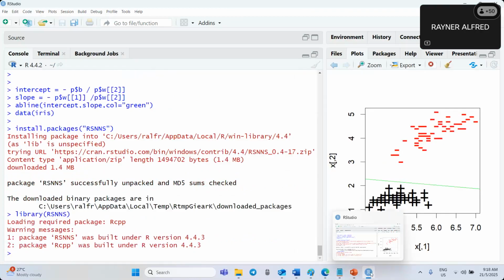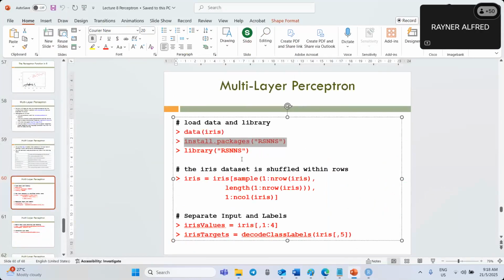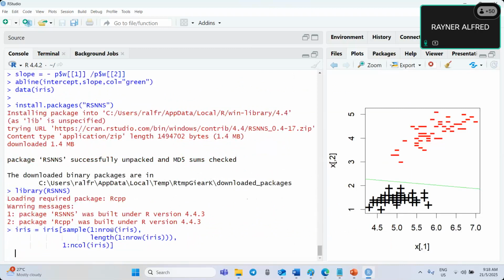Okay. And then we are getting one to the number of rows. So this is the maximum for the iris. And then we know the number of rows that we have, and also one to the number of columns.